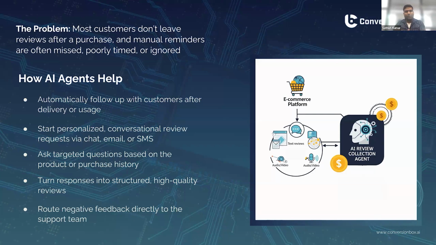Whatever they respond, you can add a human touch to those responses and reply instantly. If there is any negative feedback alone, it can be routed to the support team. Otherwise, if it is positive and engaging, the system itself can handle it. It was automated earlier, but now it has brought a human kind of intelligence to collecting feedback. And if there is any good feedback about site speed or conversions, it can pass that information to the conversion agents.